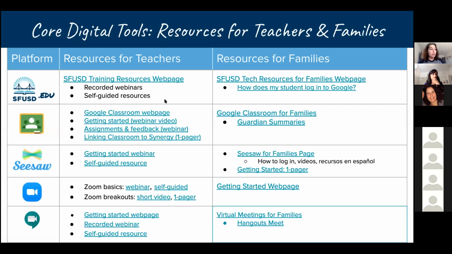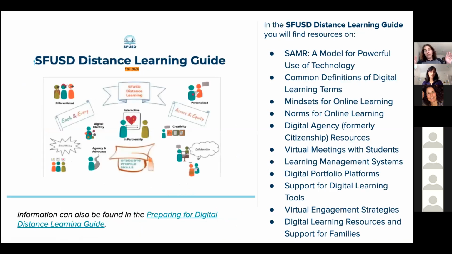And then it's not it for families. We have more. Oh, before that, this link right here is for the Preparing the Digital Distance Guide. Again, one ring to rule them all. It's like 27 pages, but it does have a really nice table of contents. If you wanted to go back to the norms for online learning that I talked about hours ago, that's there.